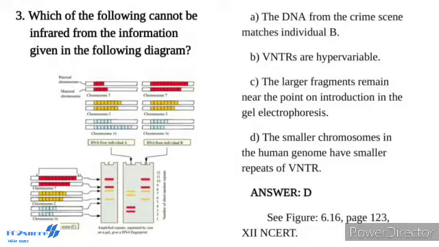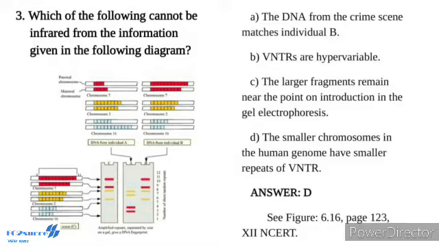It included: number 1, isolation of DNA; number 2, digestion of DNA by restriction endonucleases; number 3, separation of DNA fragments by electrophoresis; number 4, transferring of separated DNA fragments to synthetic membranes such as nitrocellulose or nylon, called blotting; number 5, hybridization using labeled VNTR probe; number 6, detection of hybridized DNA fragments by autoradiography.